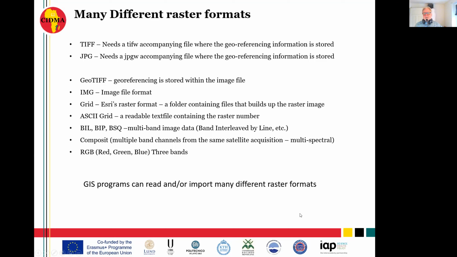GIS programs are designed to be able to read or at least import different raster formats, as there are so many different ones. So it has to be able to read and understand many different formats.